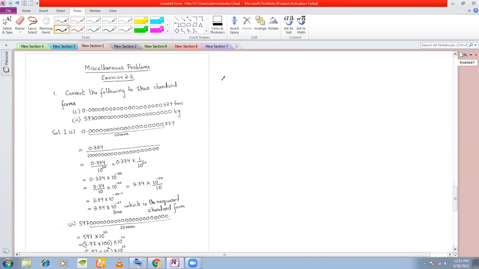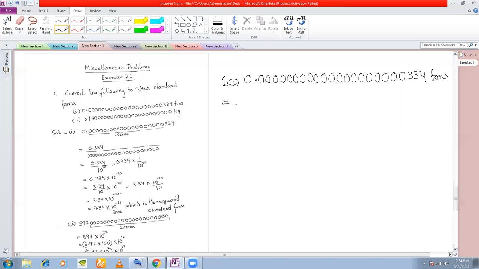Fine. Very small number is given in part 1. So let's see how many are there. You have decimal and then followed by 20 zeros, and then you have 334. And the unit is given, tons. Okay.